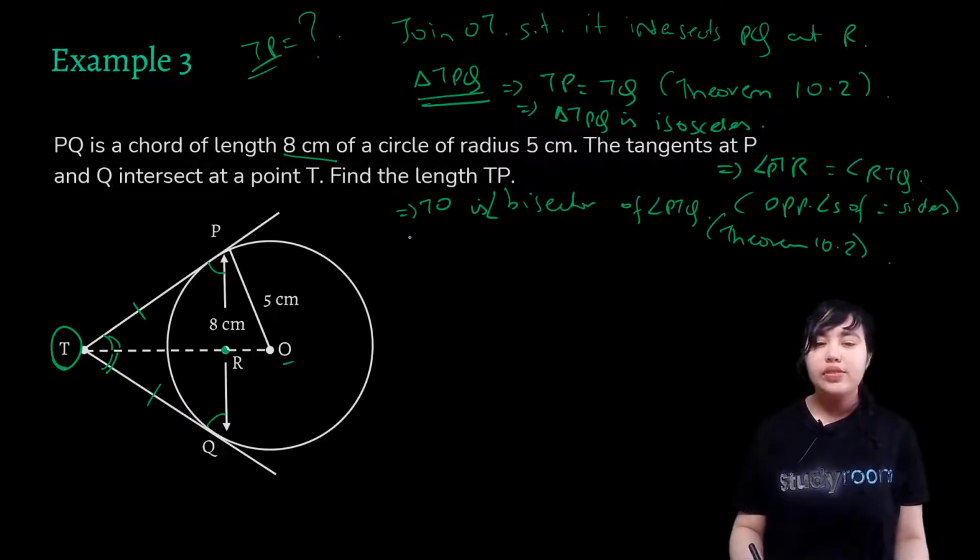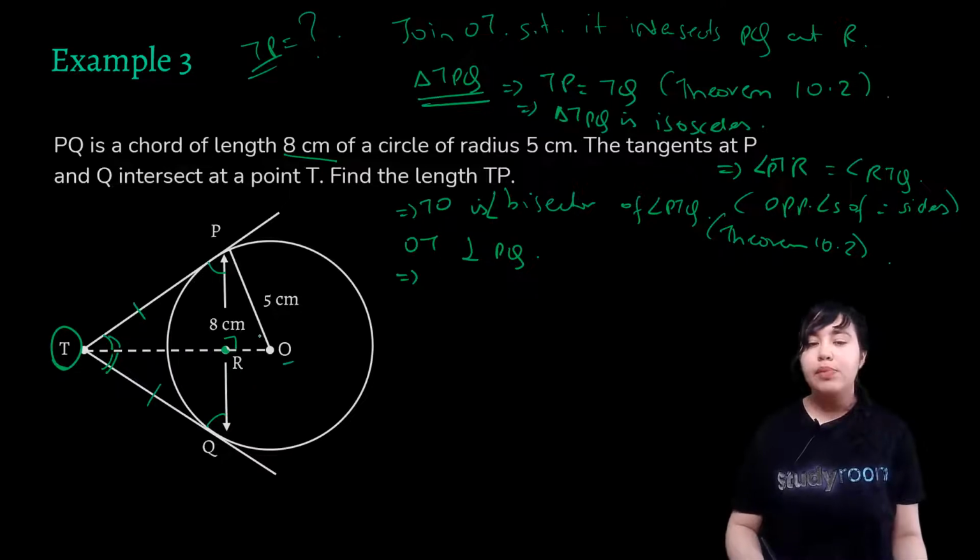So further we see that this OT is perpendicular to PQ. From the figure itself, you can make out OT is perpendicular to PQ. So if OT is perpendicular to PQ, I am basically dropping a perpendicular from the center of a circle. Such a perpendicular always bisects the chord. So we can say that OT bisects the chord PQ.